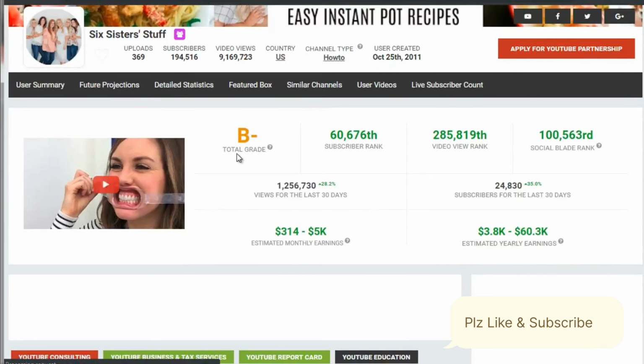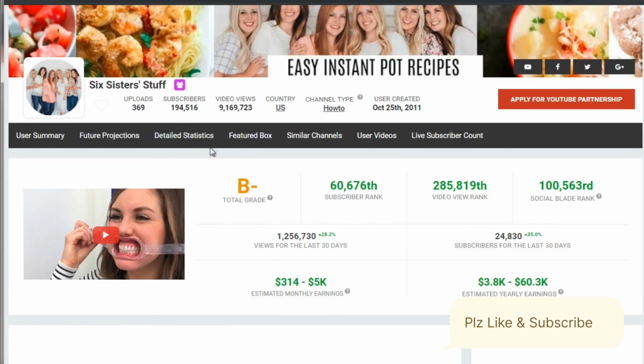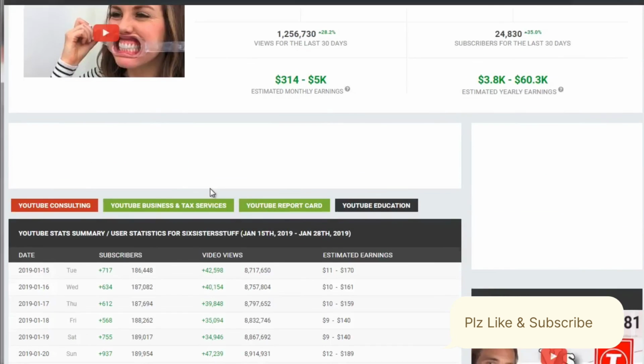So right off the bat, we can see that if we were to rank on the keyword Instant Pot, it's going to take a lot to break through. But the way we can break through is by using subcategories of that keyword. So Instant Pot recipes or Instant Pot chicken recipe, stuff like that. We can see that each one of these has about 100 to 200,000 subscribers, so you're going to have to be competing against that.